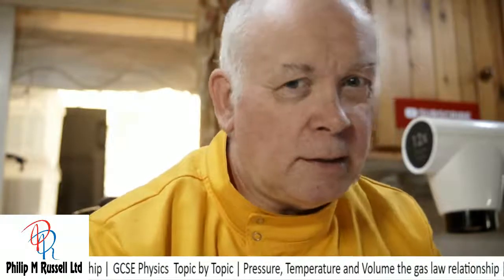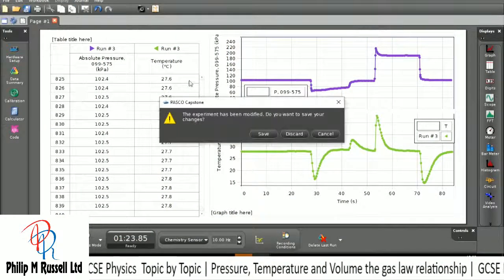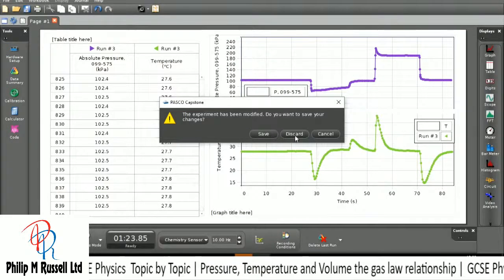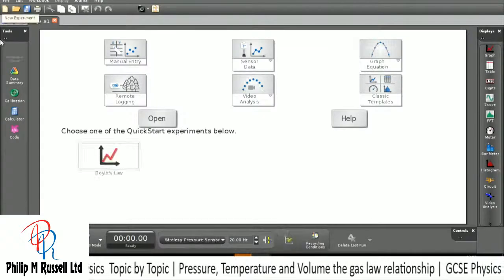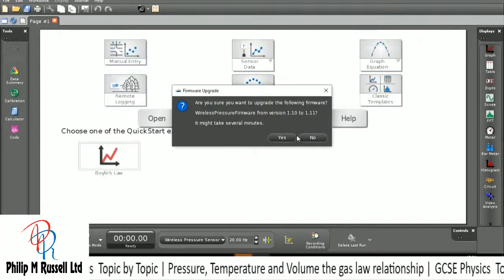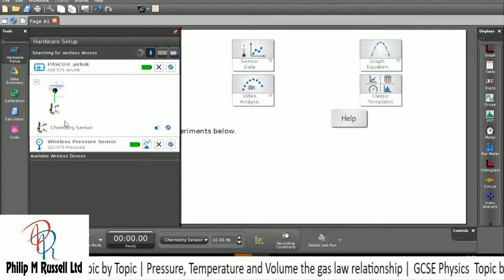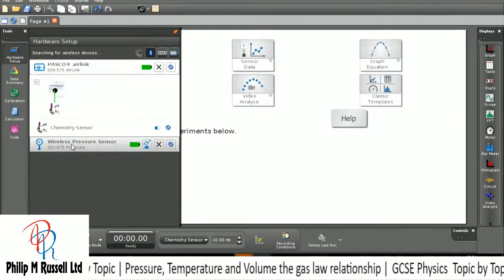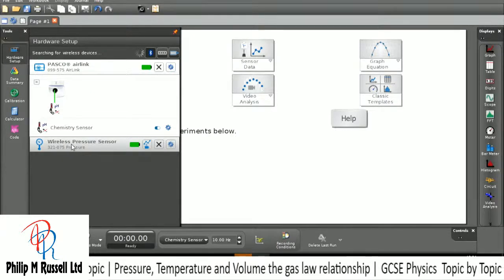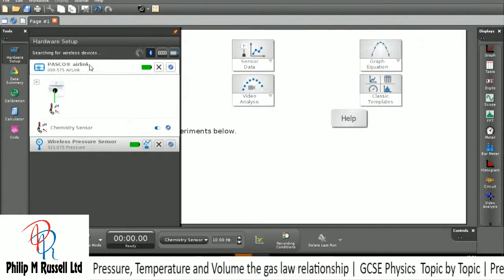So I'm going to take my software, I'm going to go for a new experiment, file, new experiment, and I won't bother to keep that. And what we're going to choose this time, I don't particularly want to upgrade my firmware at the moment, is I've got a wireless pressure sensor. So let's have a look and see what we can do with this one.